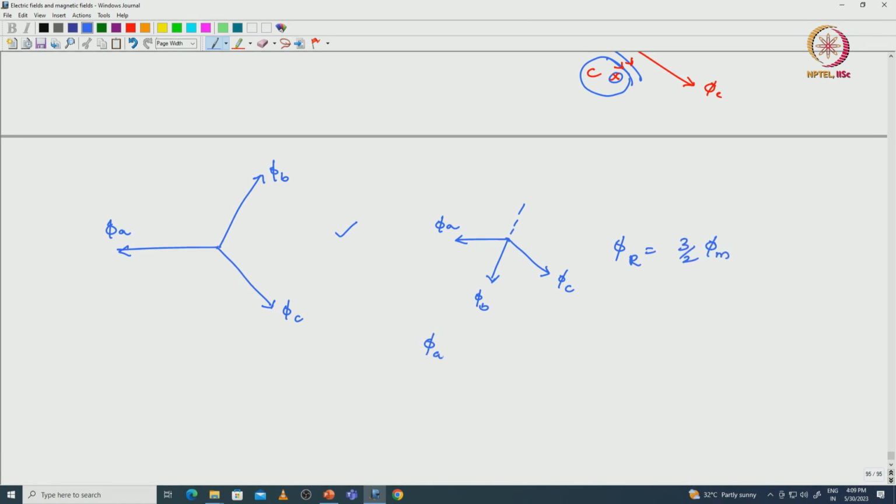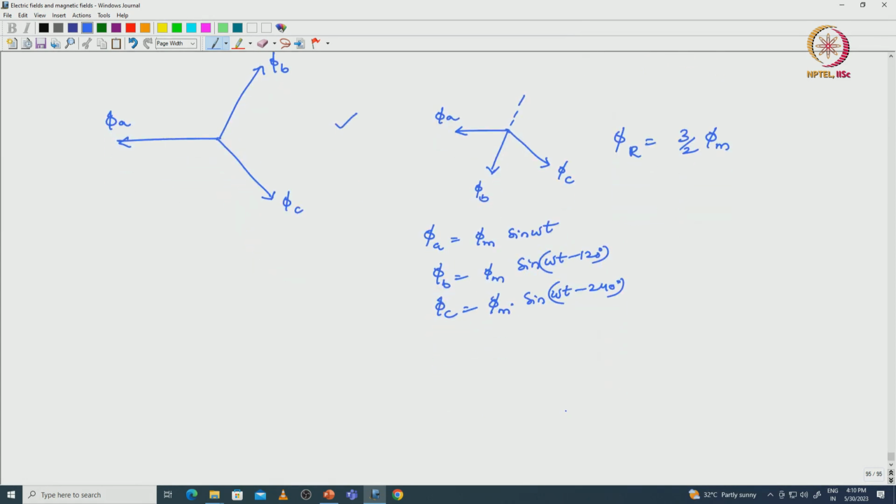Here also phi A equals phi m sin omega t, and phi B equals phi m sin(omega t minus 120 degrees), phi C equals phi m sin(omega t minus 240 degrees). Okay.